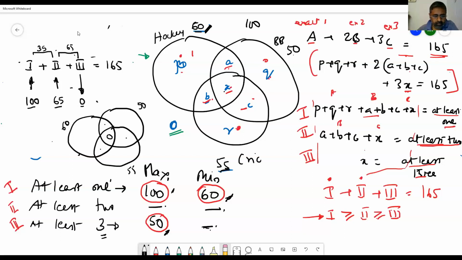We have taken 3 as 0, as a minimum. So in that case, x is 0, and then a plus b plus c is 35. There's at least 1, and there's at least 2, isn't it?